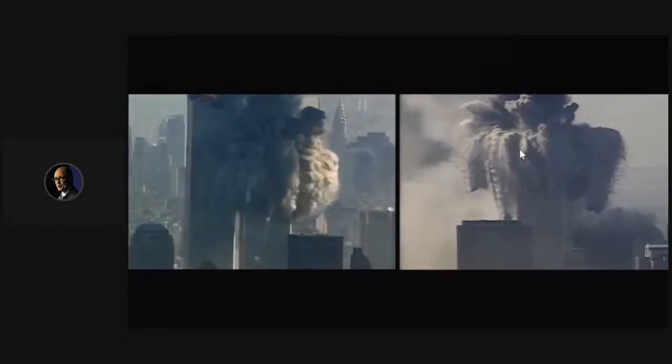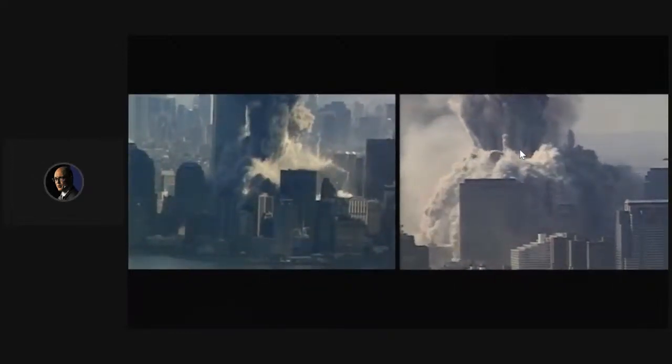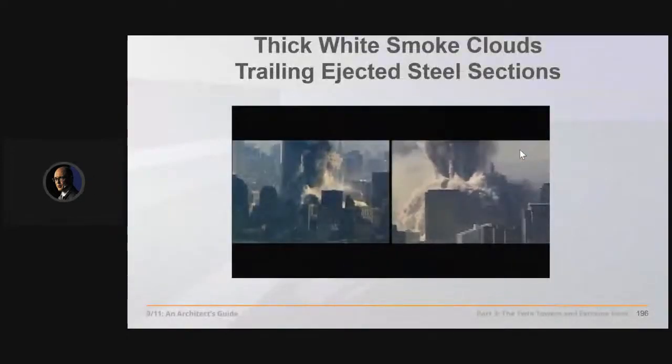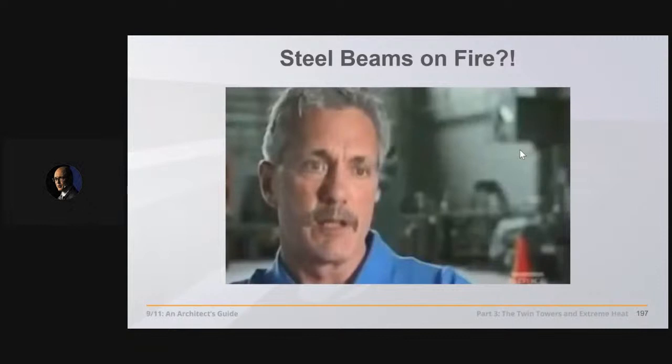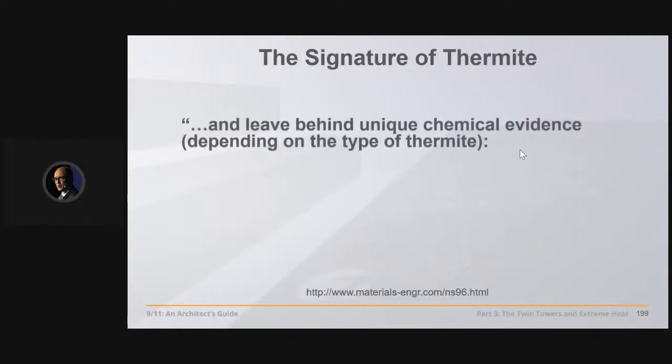In each of these fairly identical collapses, we have hundreds and hundreds and hundreds of freely flying structural steel sections. Didn't know steel could be on fire, but this is what the grapplers were pulling out, big sections of iron that were literally on fire on the other end. They would hit the air and burst into flames. So, what is that, thermite?